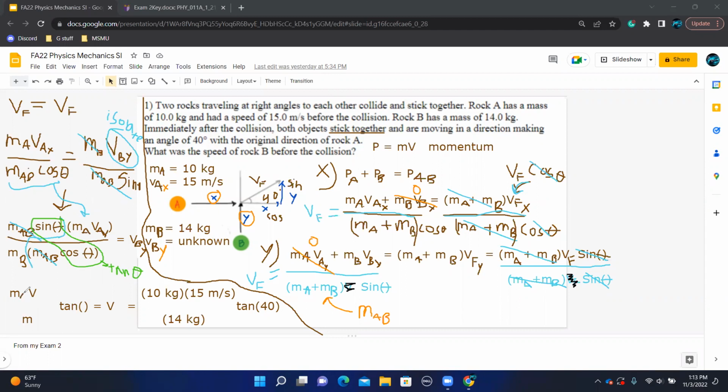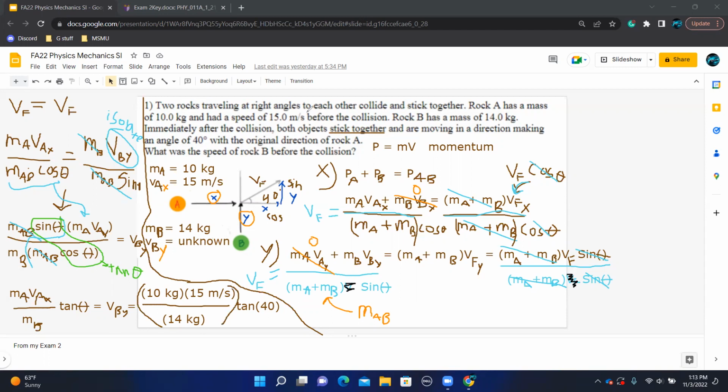Okay, so M A V A of X, which is really just VA, divided by MB, tan theta, times tan theta is equal to VB of Y. And then you take all of that, divide this, and you're multiplying all of this by tangent theta.